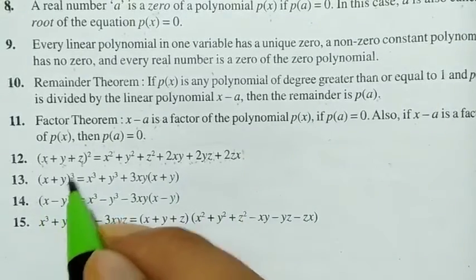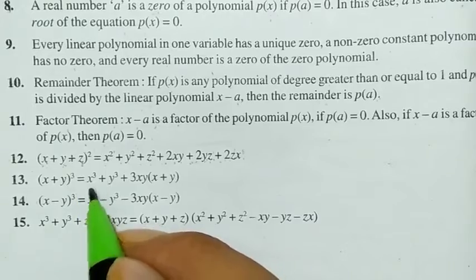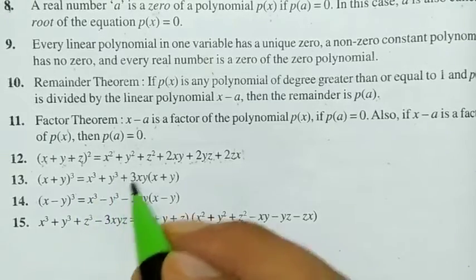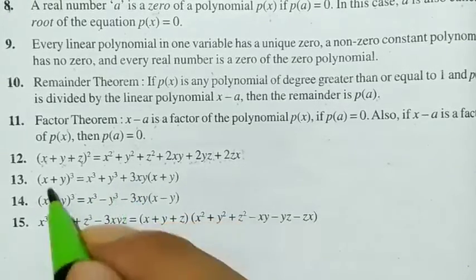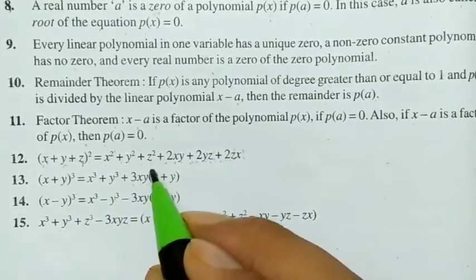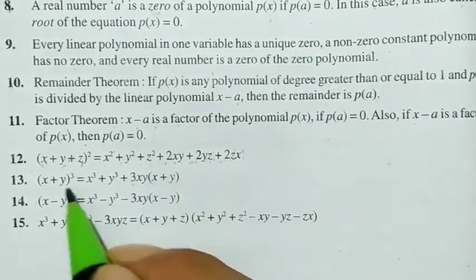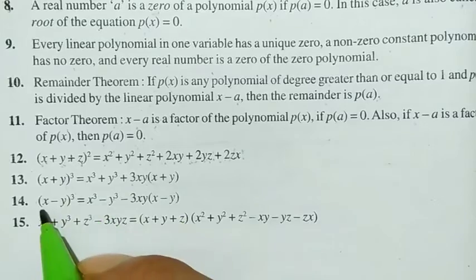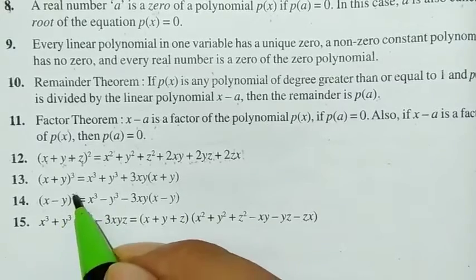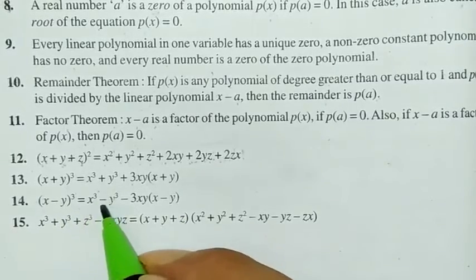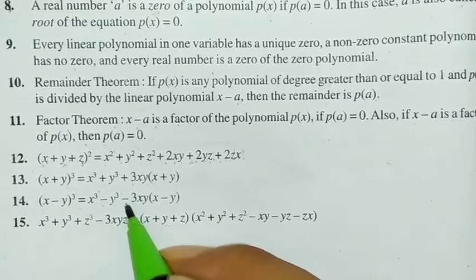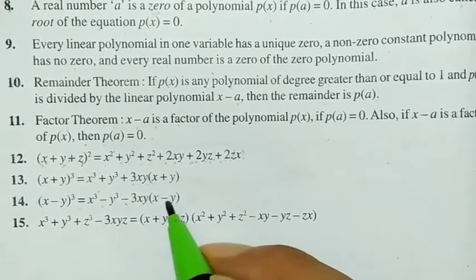Now (x + y) whole cube is equal to x cube plus y cube plus 3xy multiplied by (x + y). You have to remember this to solve the questions. (x minus y) whole cube is equal to x cube minus y cube minus 3xy times (x minus y).